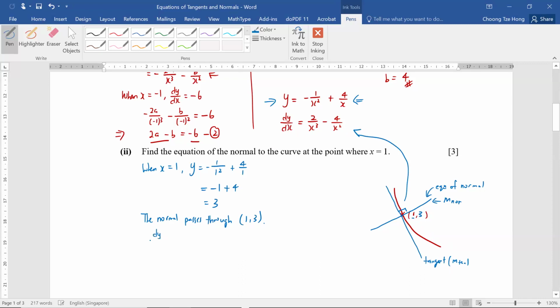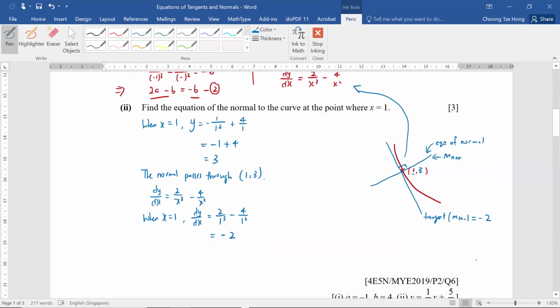Let's write down again dy dx equals 2 over x cubed minus 4 over x squared. So when x equals 1, dy over dx equals 2 over 1 cubed minus 4 over 1 squared. So we get 2 minus 4, which is negative 2. So the gradient of this tangent is equal to negative 2.